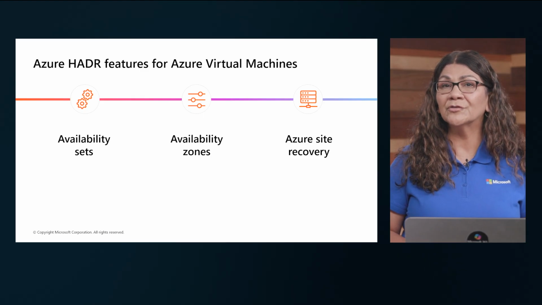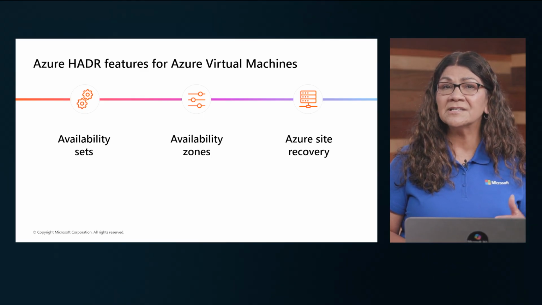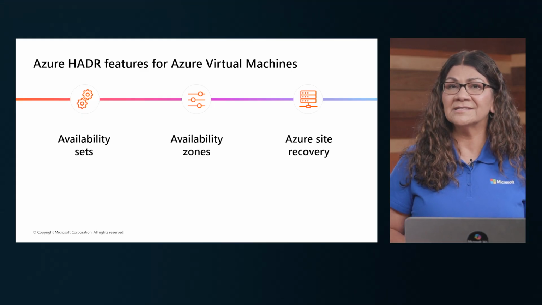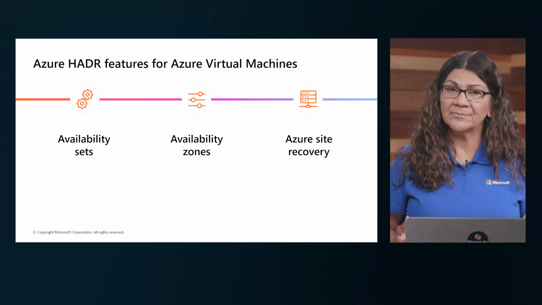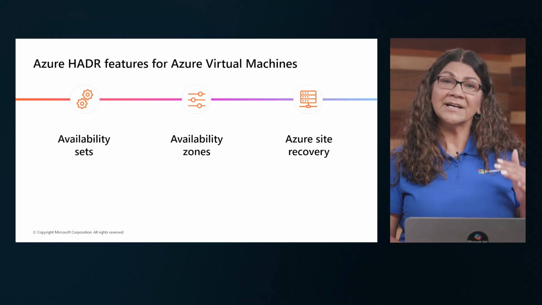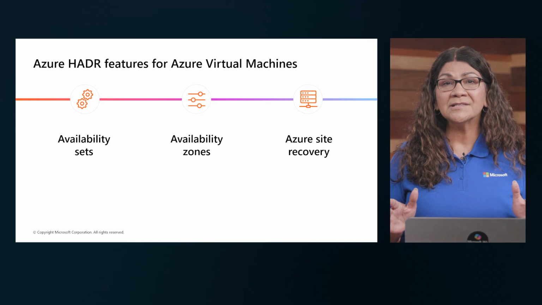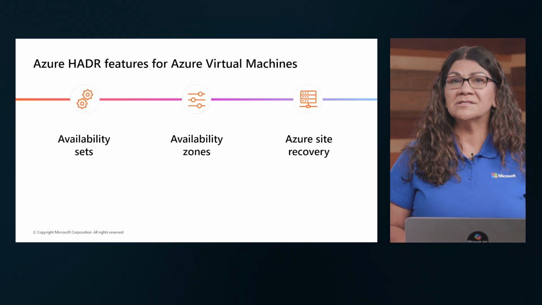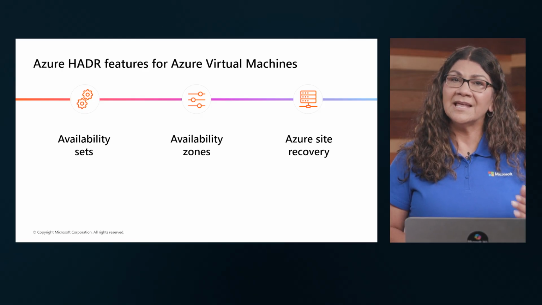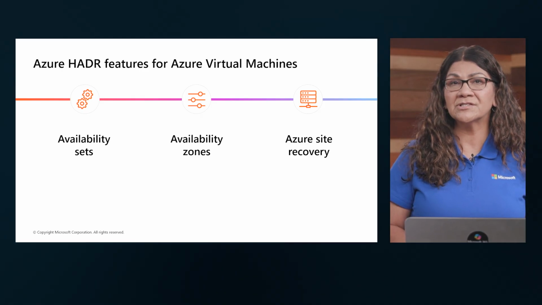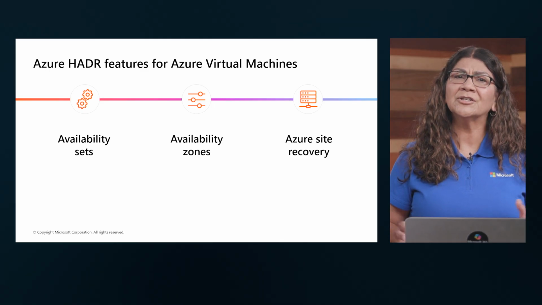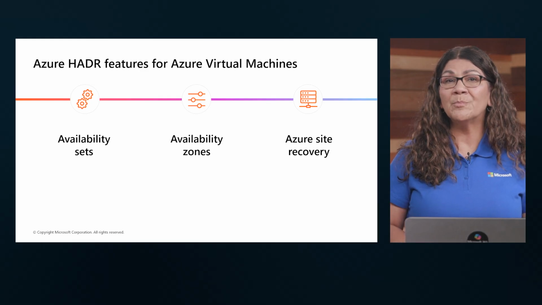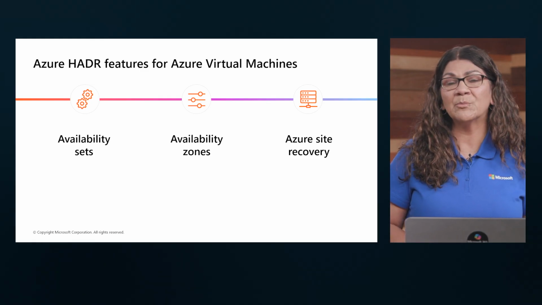Availability zones go further by placing VMs in physically separate data centers within a region, offering protection against data center level outages. Azure Site Recovery provides cross-region disaster recovery by replicating workloads to a secondary location, enabling failover during major disruptions. Benefits here include improved uptime, fault isolation, and robust disaster recovery capabilities.